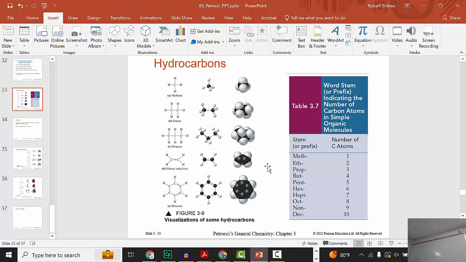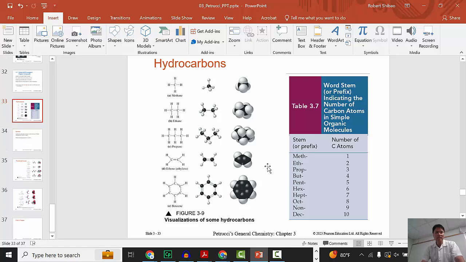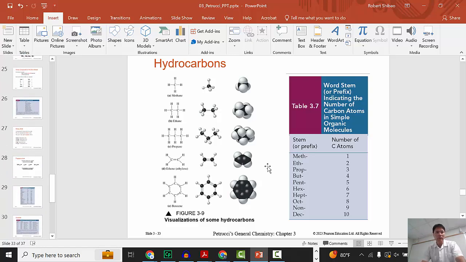These are the parent chains here. 1 carbon in the chain, meth. 2 carbons, eth. 3 carbons, prop. 4 carbons, but. 5 carbons, pent. 6 carbons, hex. 7 carbons, hept. 8 carbons, oct. 9 carbons, non. 10 carbons, dec. And so just start memorizing these as the first step to organic nomenclature.